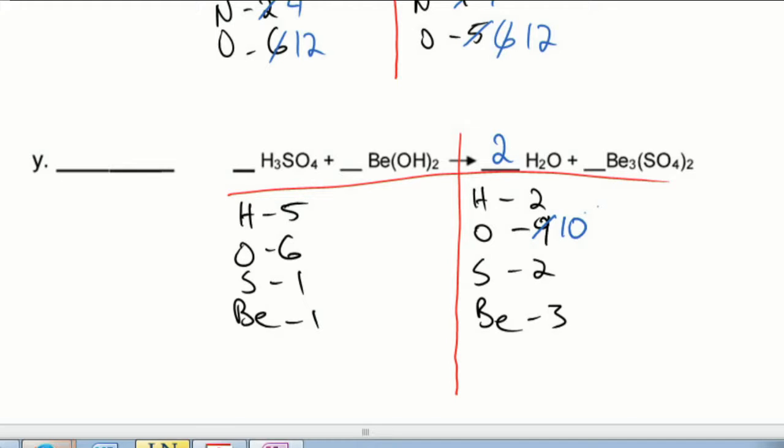So that'll do. Hydrogens aren't balanced. I have 5. Maybe put a 2 here. Changes that to 6, 8.